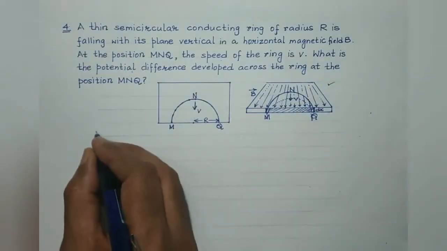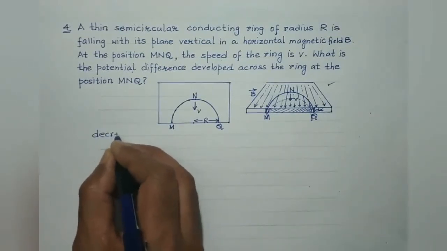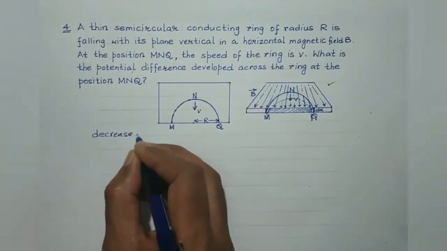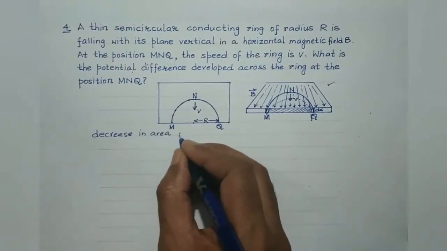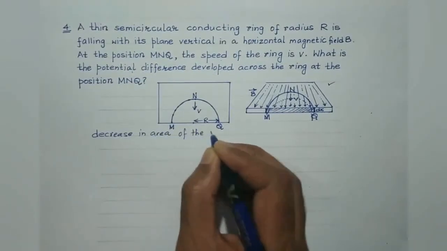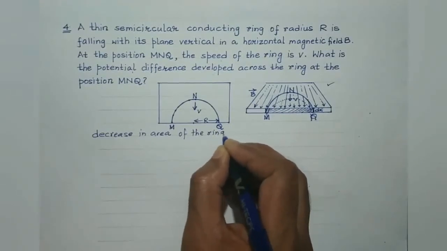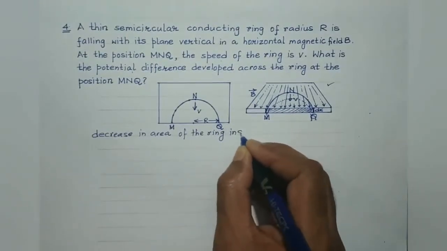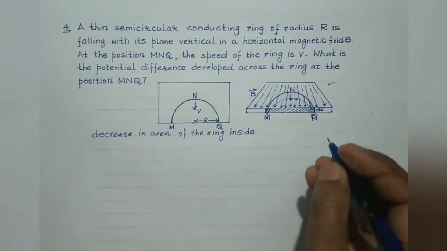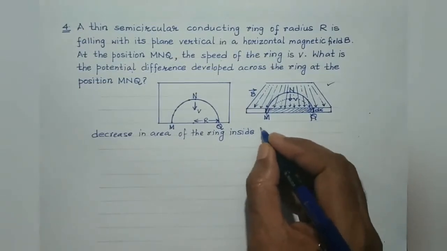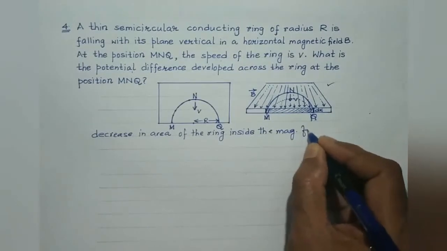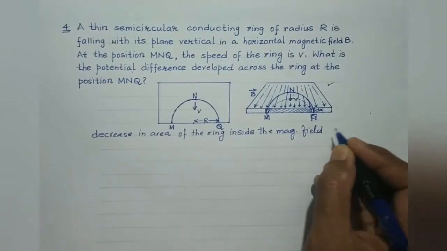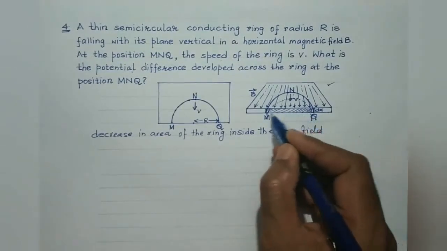Therefore, decrease in area of the ring inside the magnetic field. Magnetic field is horizontal. I'm talking about this area, this portion, isn't it?